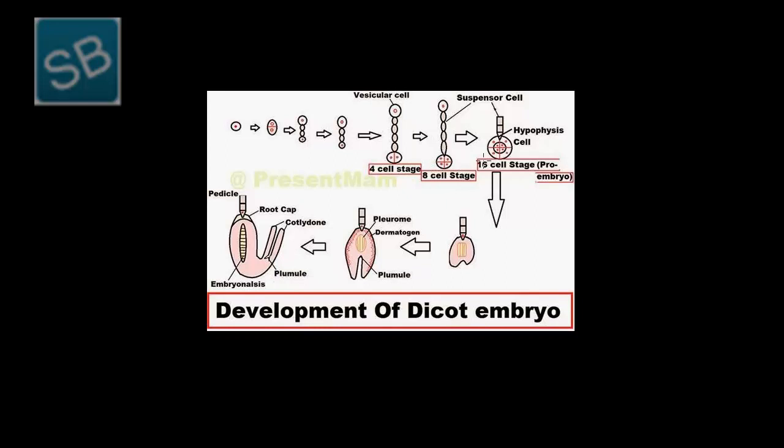Further division results into the formation of 16-cell stage, which is the proembryo structure. In the 16-cell structure, the two octants get formed: the one that is towards the chalazal end and the other that is towards the micropylar end. The one located towards the chalazal end is known as chalazal octant or apical octant. On the contrary, the basal one is known as micropylar octant or basal octant.